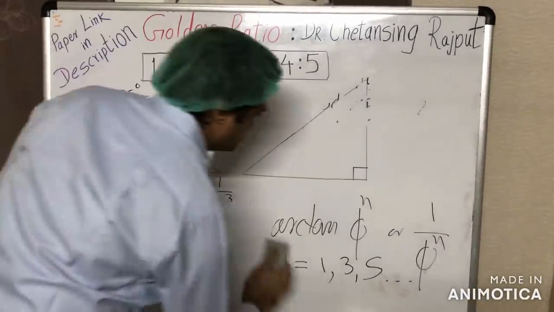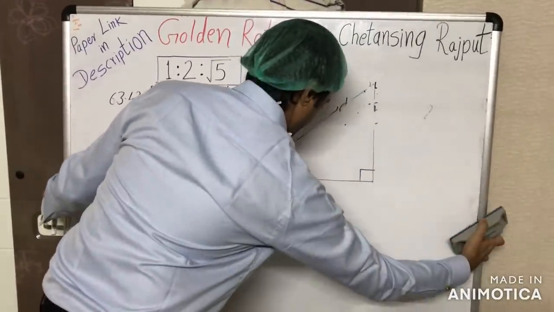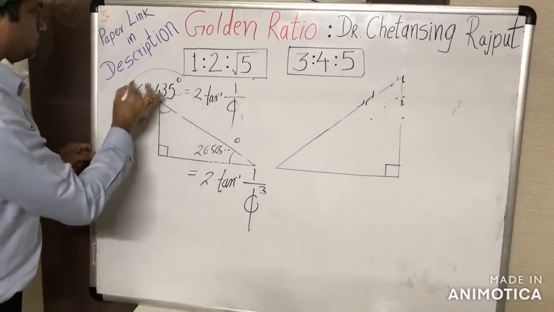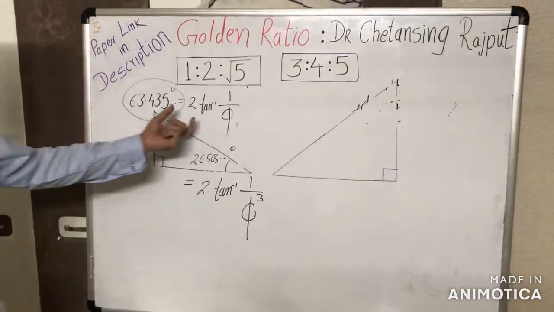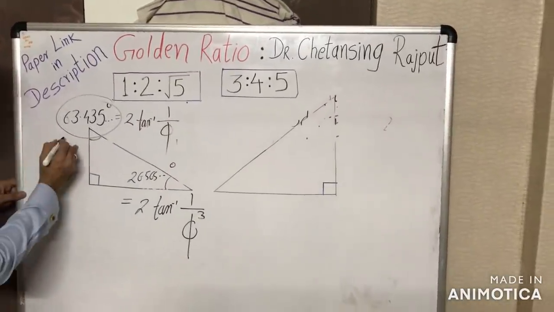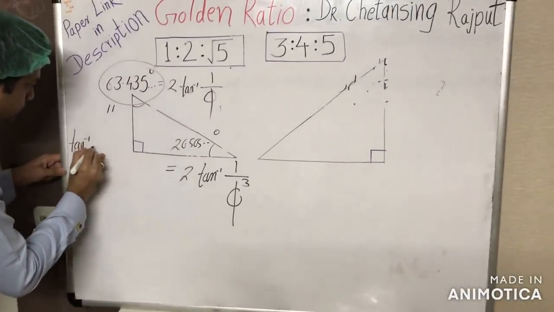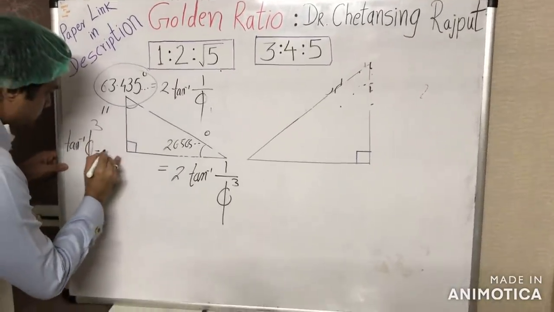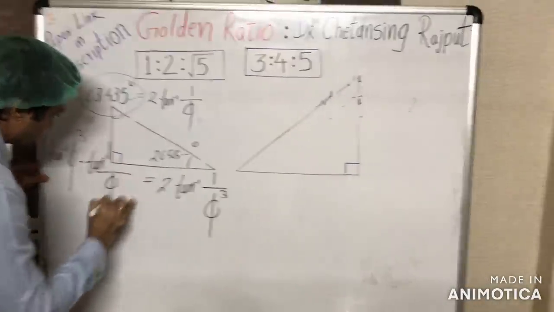Let me elaborate. This angle, the larger acute angle of the 1, 2, root 5 triangle, can be written as twice the arctangent of the inverse of the golden ratio. It can also be written as the arctangent of phi cube minus the arctangent of 1 upon phi cube.